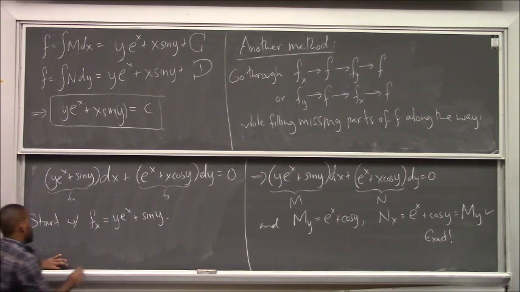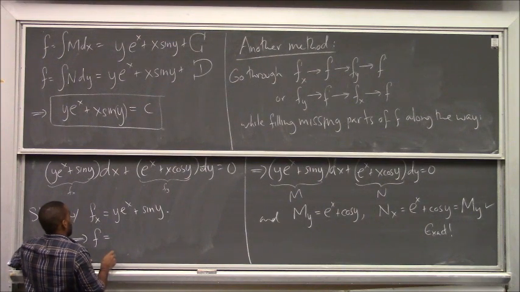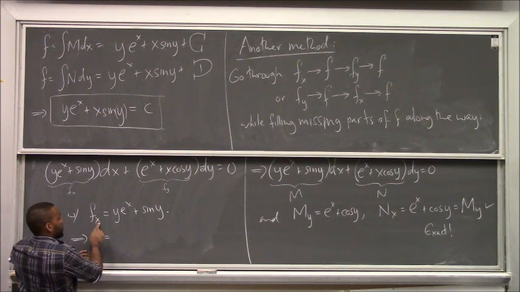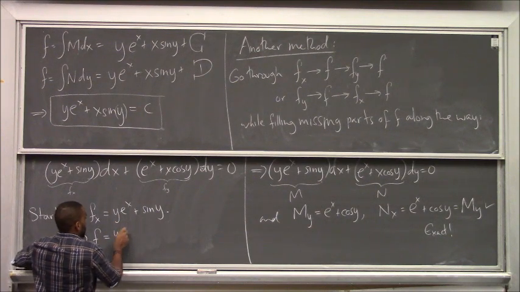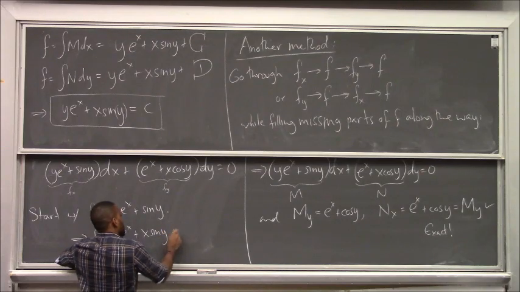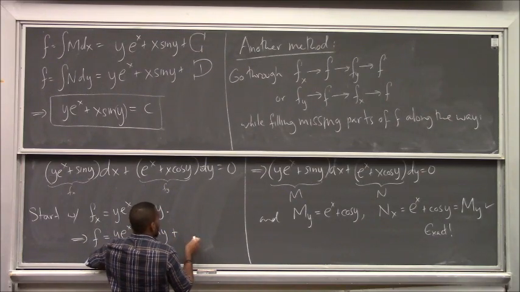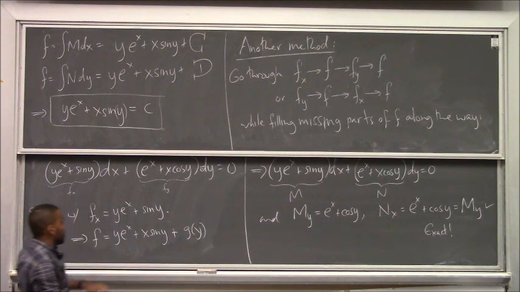And what we're going to do is we're going to integrate with respect to x, because we want to undo the partial with respect to x. And that would be y e to the x plus x sine y plus some constant which is potentially a function of y, and we don't know what that is.